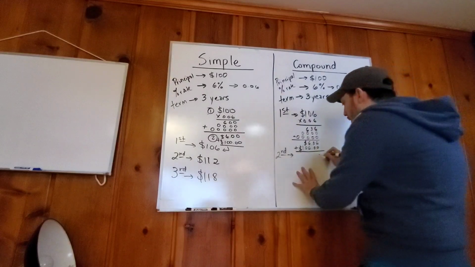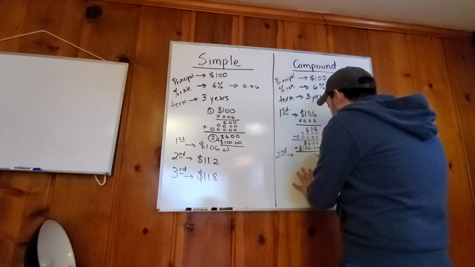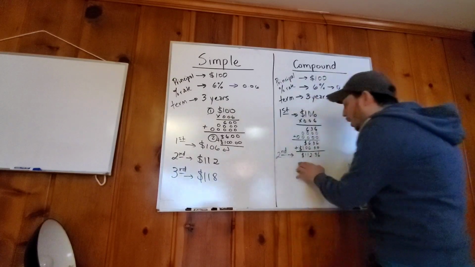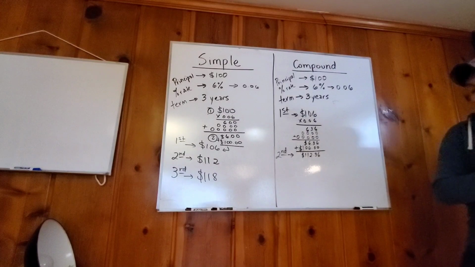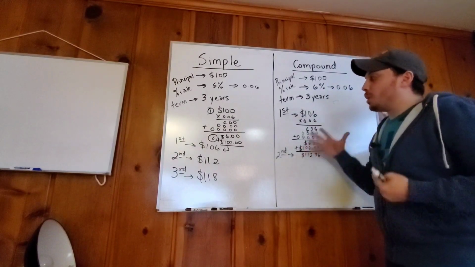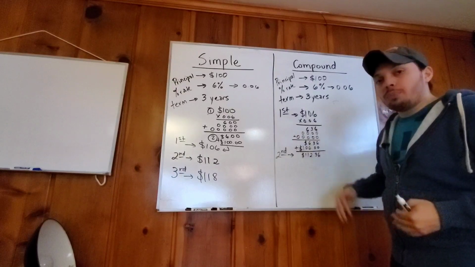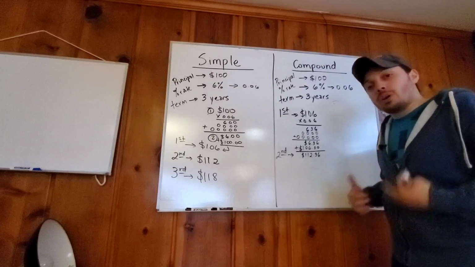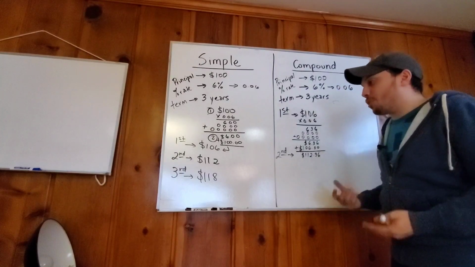So we add together and we get 6 and 6 is 12, $112.36. So you see how it's different already? This is why this one takes a little bit more work, but it's not like it's super difficult. What happens is that you have to do the work each and every time they ask for the year.